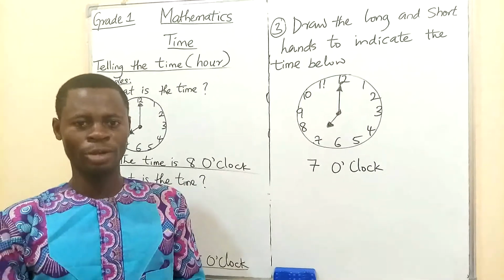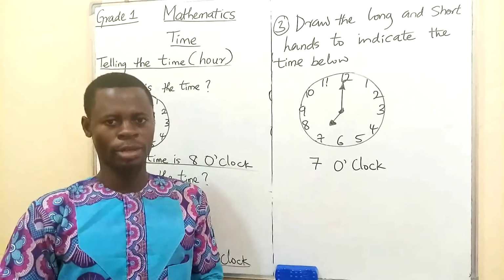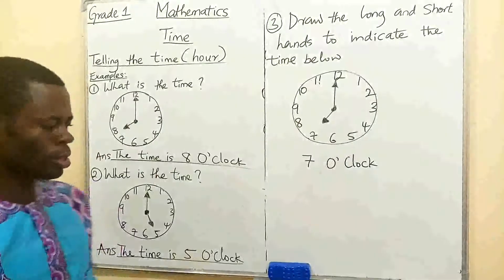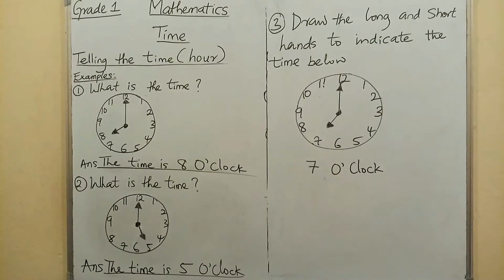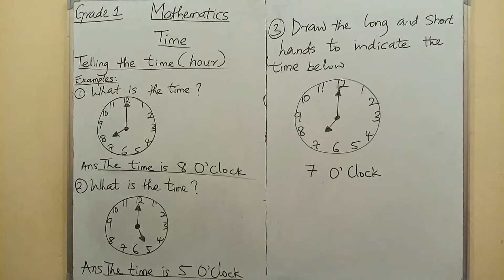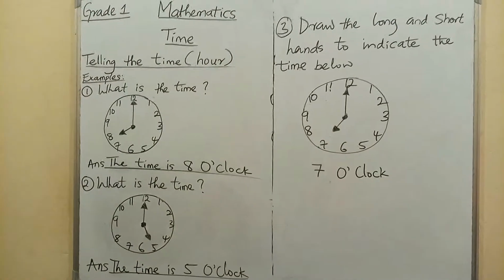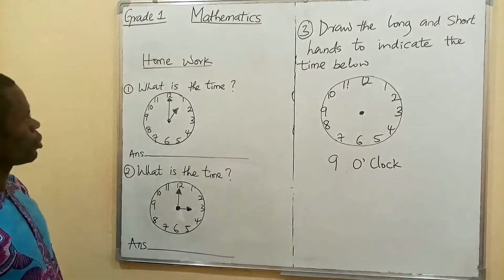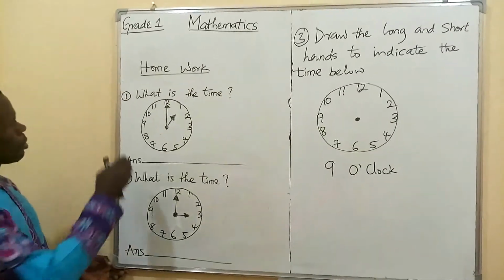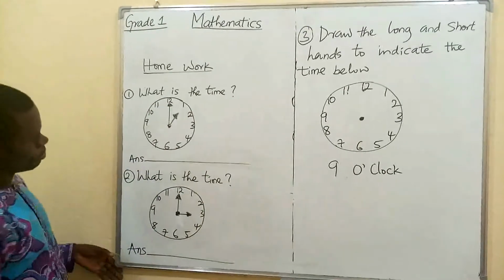Alright, but before I leave, I'm going to leave you with just a few assignments. Okay? Alright, these are a few assignments or homeworks I have for you. Number 1, what is the time?